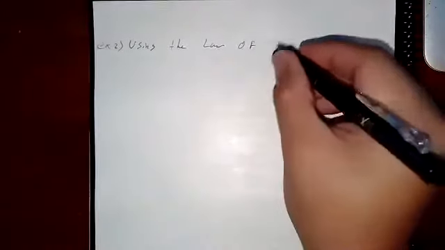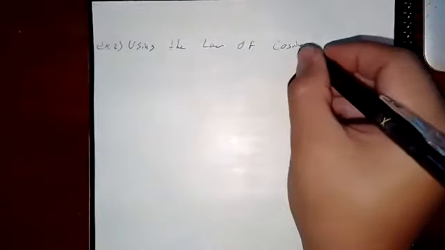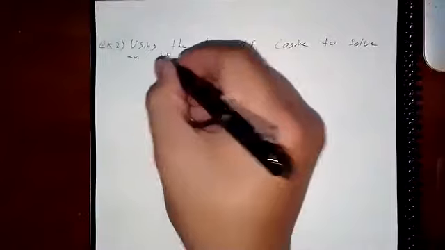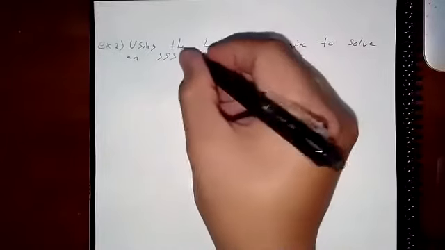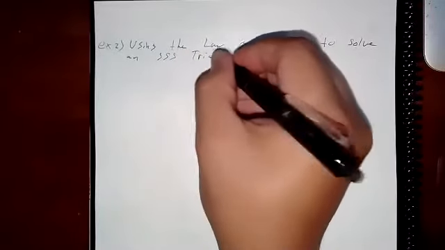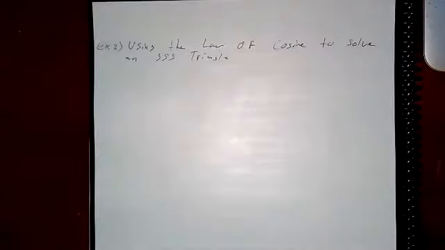So using the law of cosines to solve an SSS triangle. So nothing but sides. In other words, right?